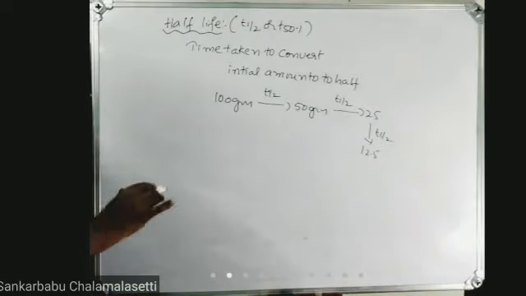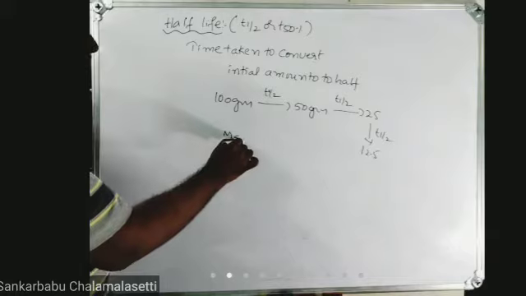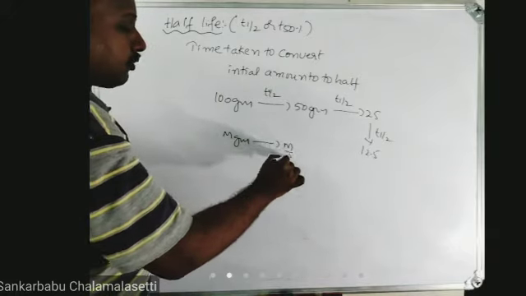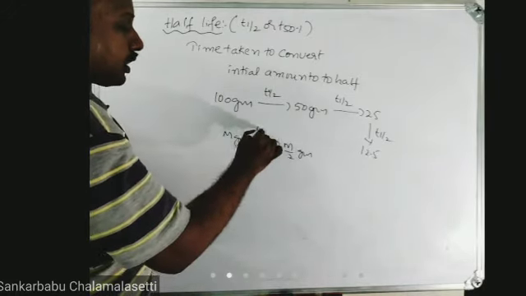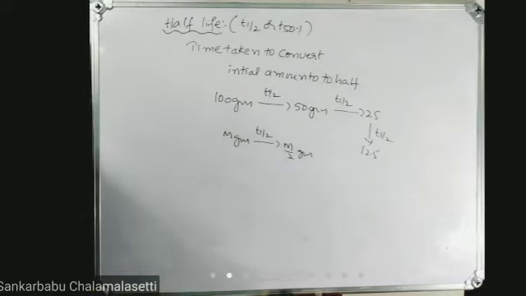Whatever amount m grams you take, the time taken to convert m into m by 2 is called half-life.